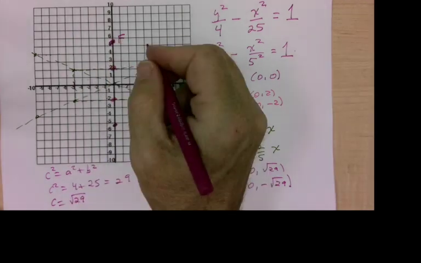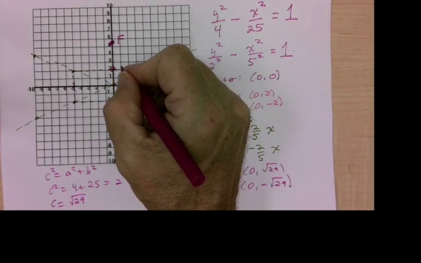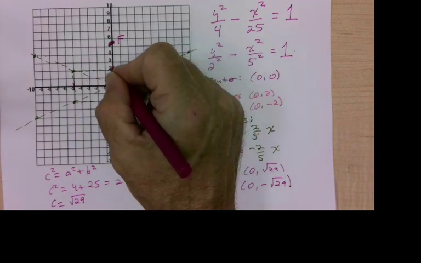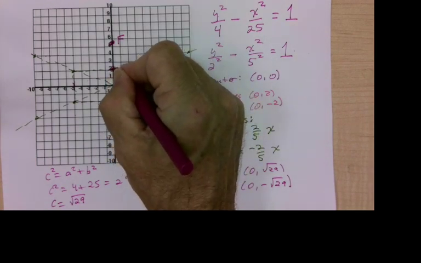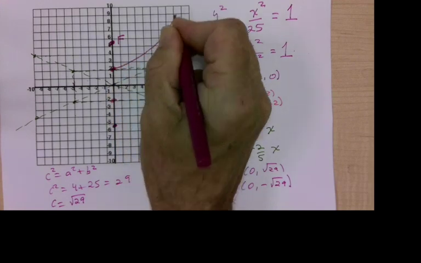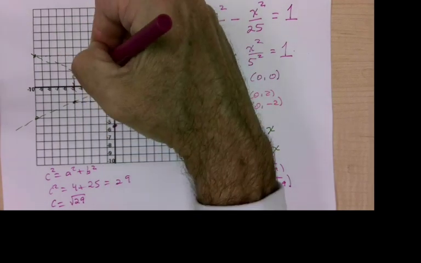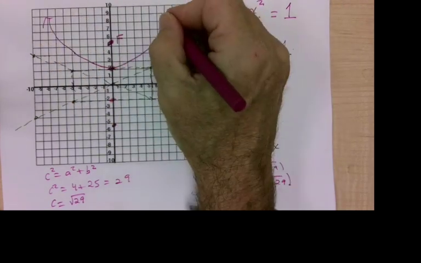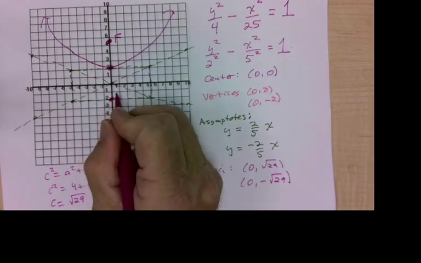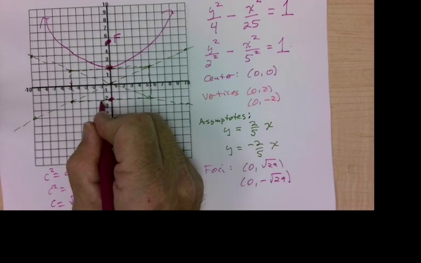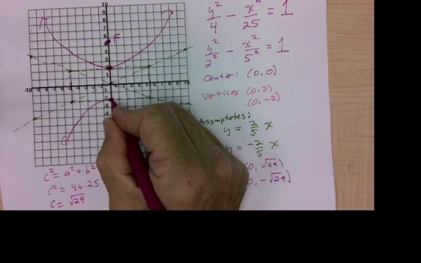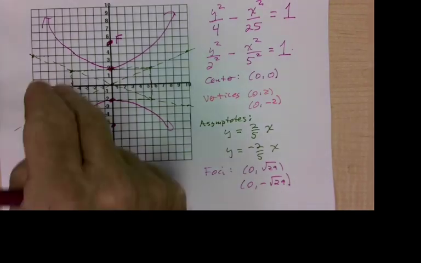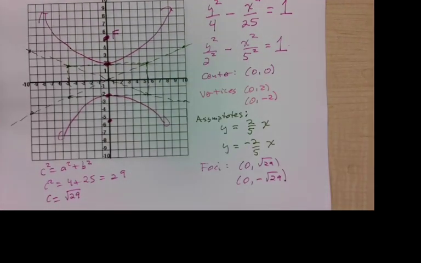So starting at the vertex, the difference of the distances is constant. That's what a hyperbola is. So we'll do a rough graph of this. If you want to get a better graph, you could, of course, pick a couple points that satisfy the equation. But this at least gives us an idea of how this is behaving. Would have been better heading towards the asymptote a little bit.